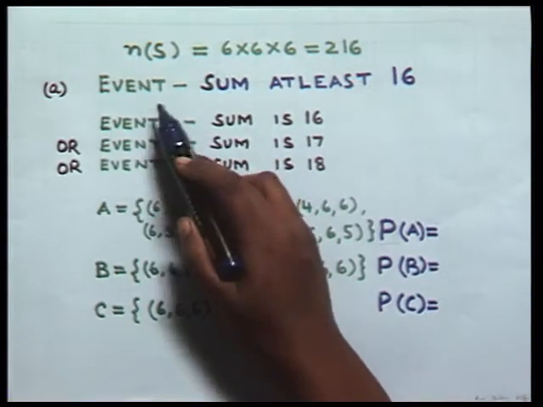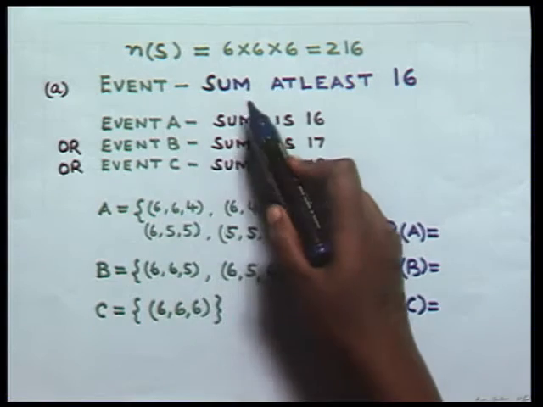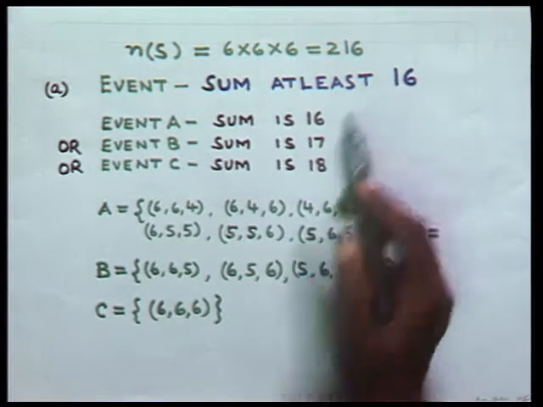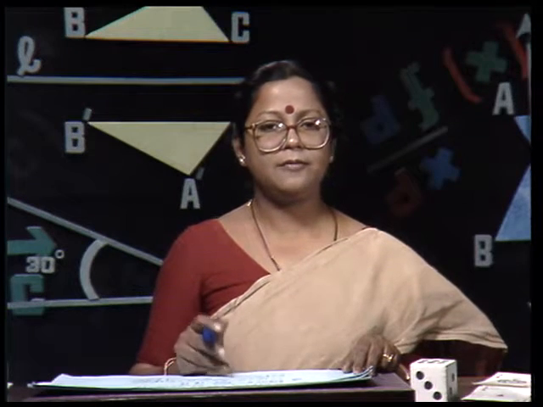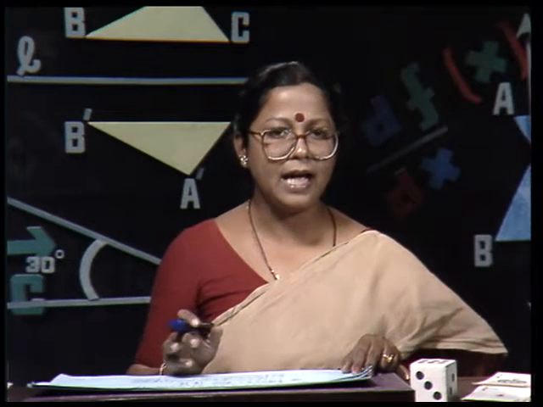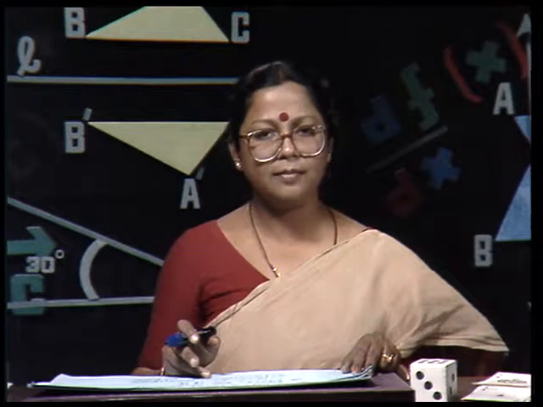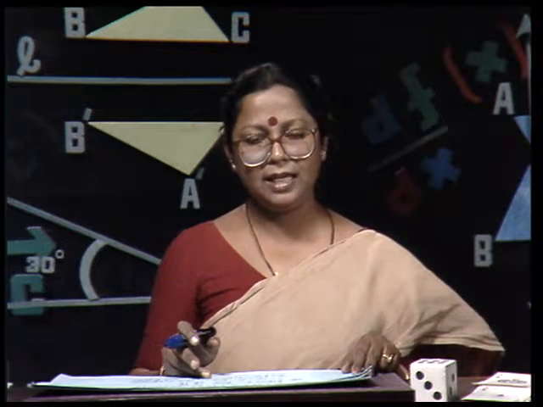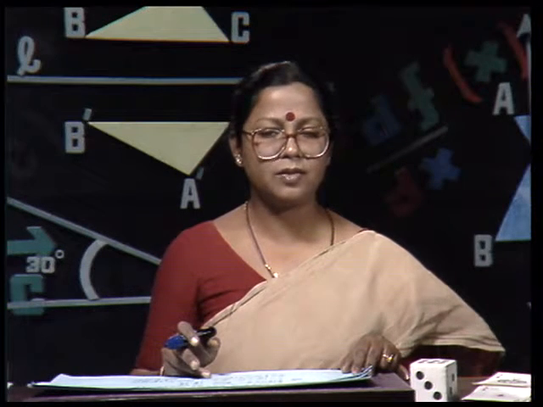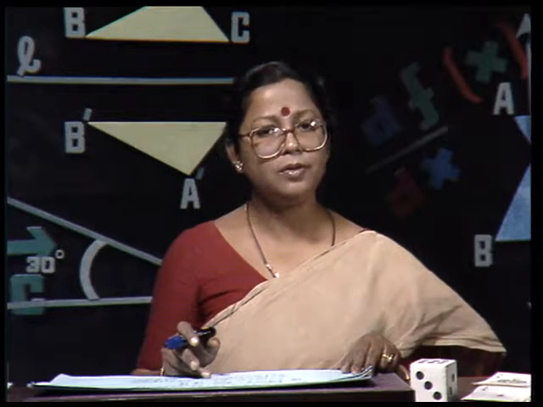Now, consider the first event, that is getting the sum at least 16. But before we do that, let us first see if we throw 3 dice, then what possible sum do we get? The minimum sum which we can get is 1 plus 1 plus 1, that is equal to 3.